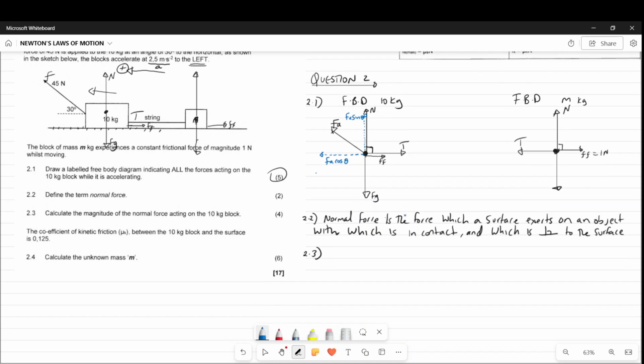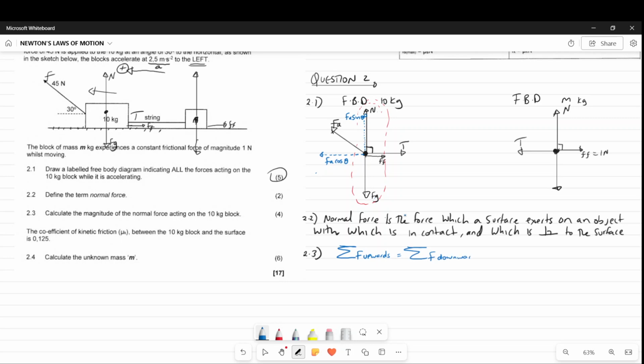Now you are just going to consider the vertical forces over here. You got 3 vertical forces: normal force, Fa sine theta, and Fg. And then you are going to say, the sum of all forces going upwards will be equal to the sum of all forces going downwards.